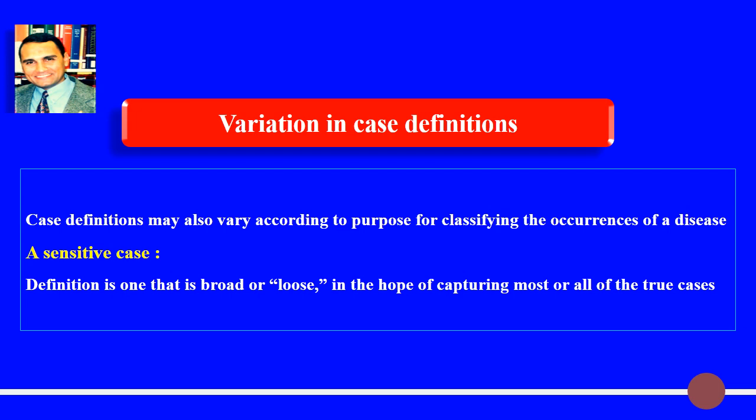So the epidemiological study will prefer a specific or strict case definition. For instance, in an outbreak of foot and mouth disease in the case of animals, or Salmonella agona infection in the case of humans, only confirmed cases can be included.